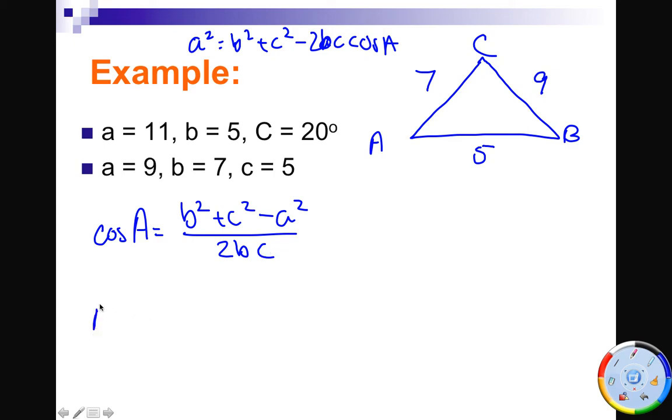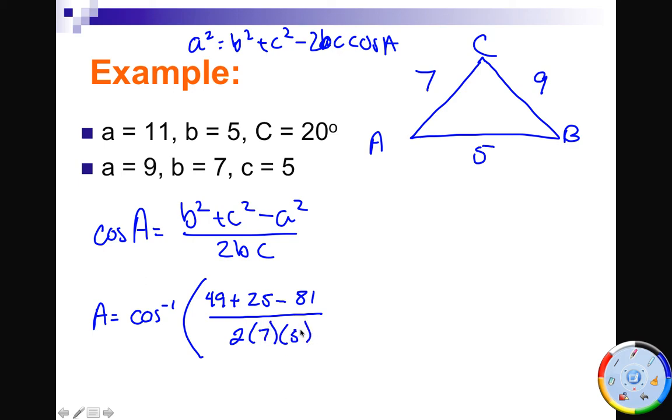So that tells me that A is equal to the cosine inverse of b squared, so 49, plus c squared, which is 25, minus a squared, which is 81, all over 2 times 7 times 5.